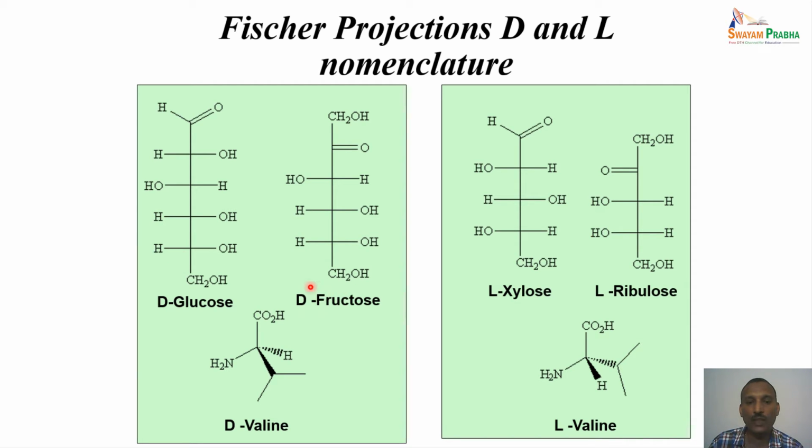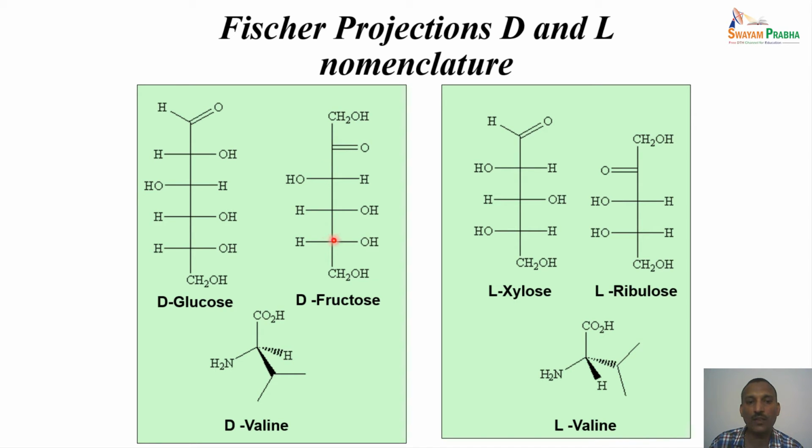And when we look at D-fructose, there is one challenge, because if you look at the top carbon, this is the CH2OH, which is a primary alcohol. The bottom one is also a primary alcohol. So whether this group will come at the top or this one will come at the top is the competition. In that case, we have to look at the second carbon. In this second carbon, we have a ketone.